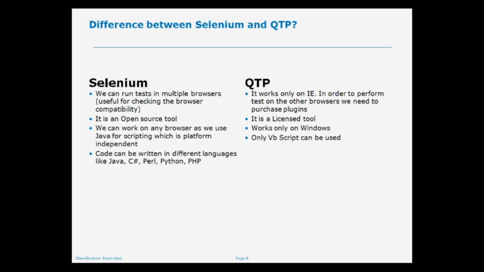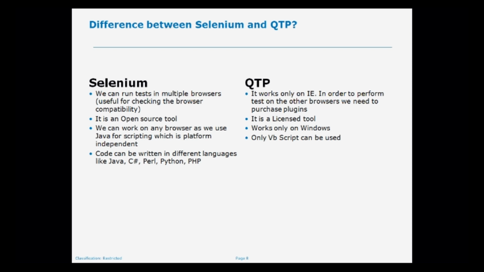Then the next thing is Selenium is open source, as you know. Directly we can go to the Selenium website, download the jar file, and start writing our code for automating our application.